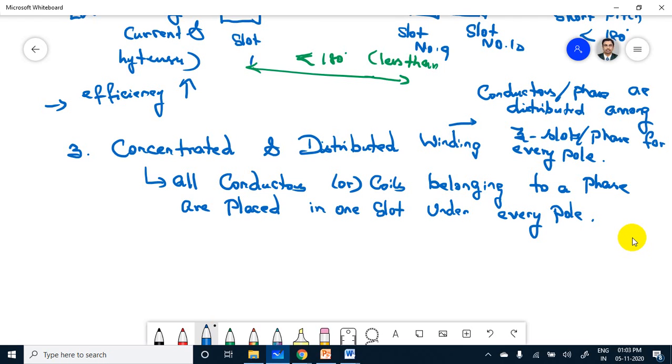There are 3 classifications: single layer and double layer winding, full pitch and short pitch winding, and concentrated and distributed winding. Okay. And in the next class I am going to explain armature reaction, what armature reaction is and what the types of armature reaction are based upon the angle.